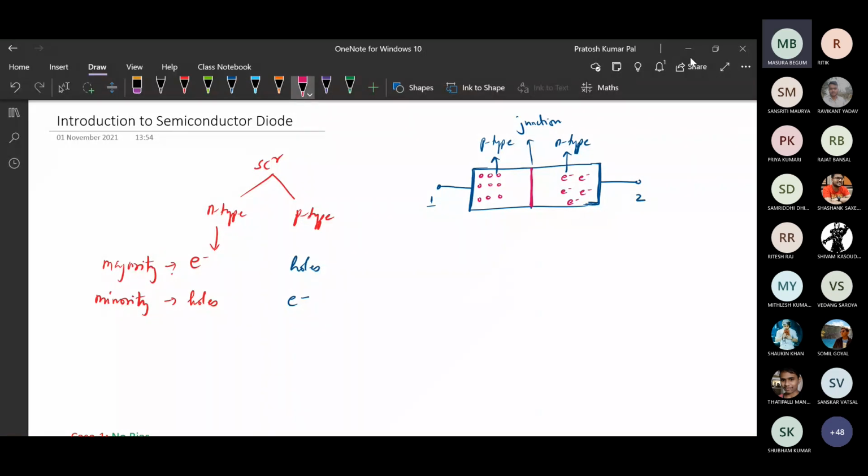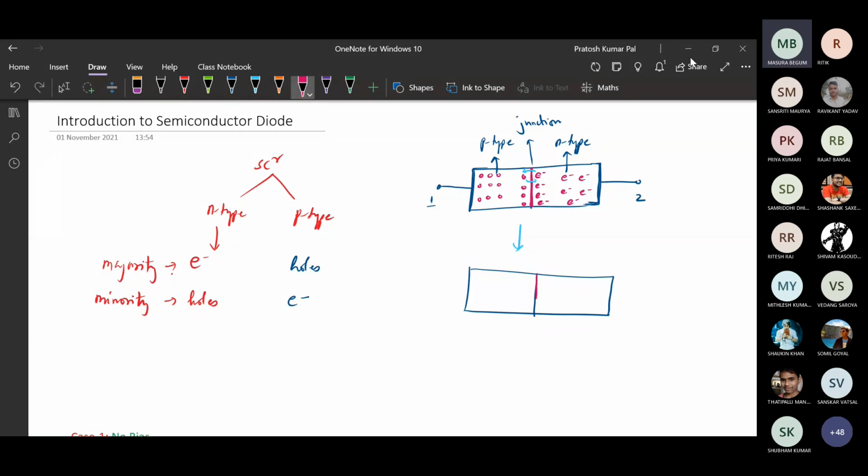At the junction, once recombination takes place, an electron moves and holes move. Once this electron moves and combines with the hole, since it is negatively charged, it will leave behind a positive charge.